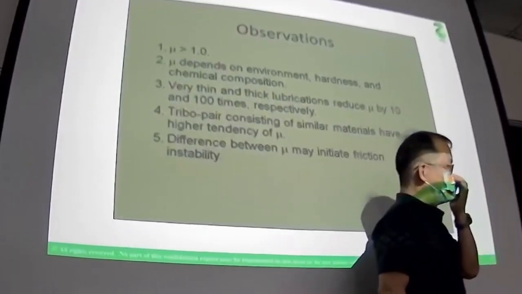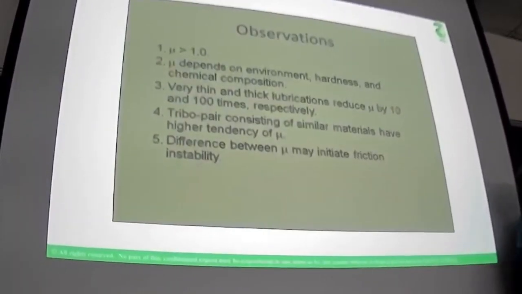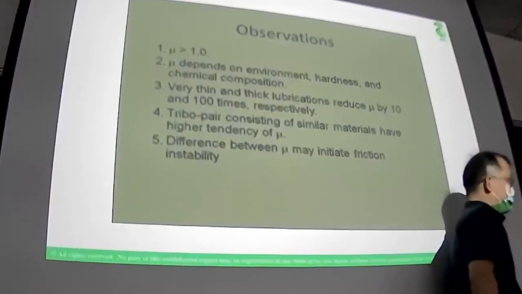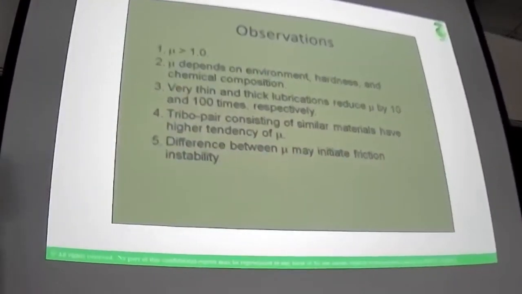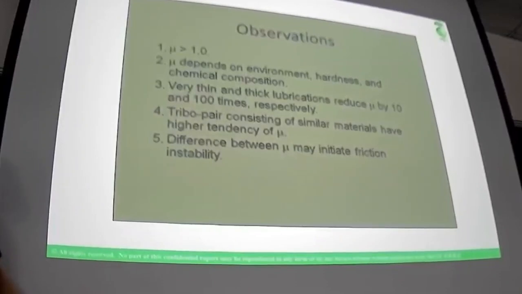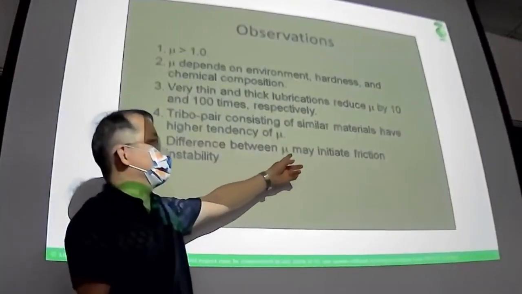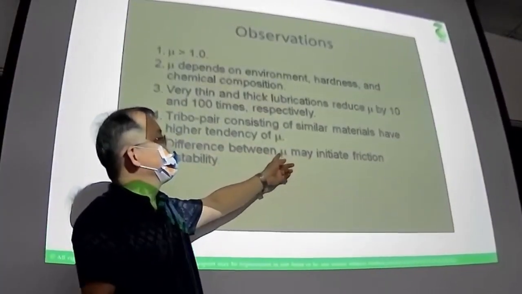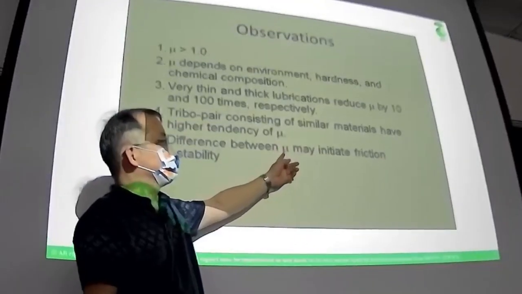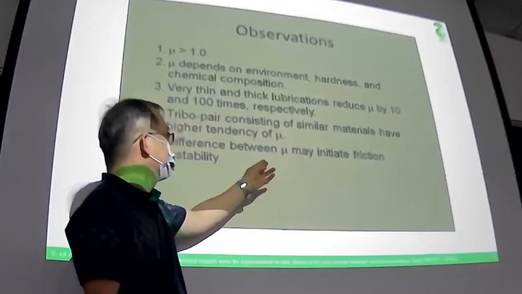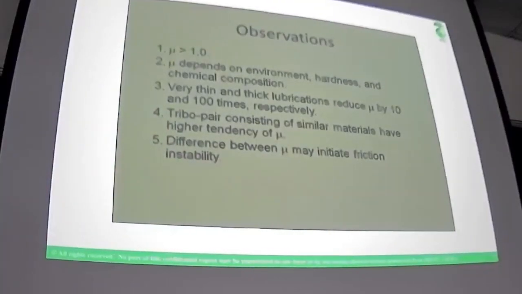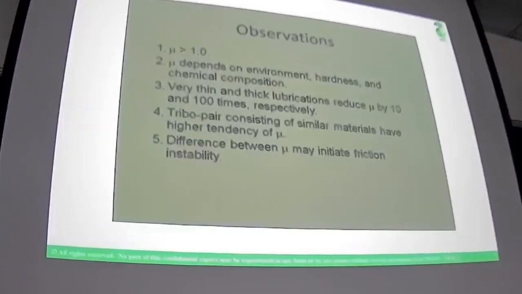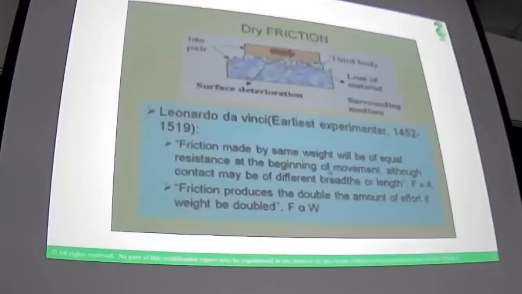If you are in similar material, then you tend to have higher coefficient of friction. So the difference between the static coefficient of friction and the kinetic coefficient of friction may initiate the friction instability. 它可能是会有不稳定的状态。So this is in dry condition.